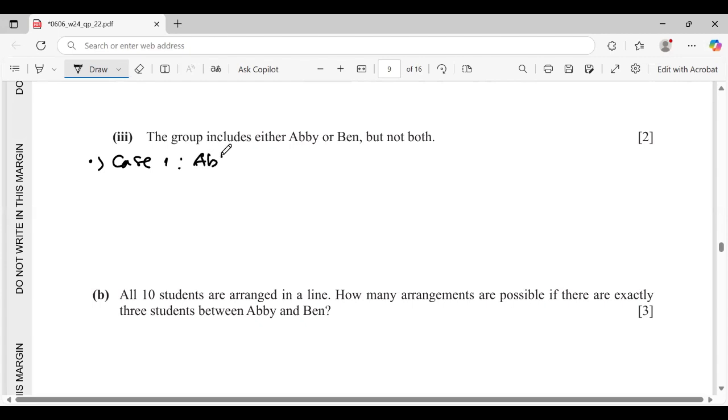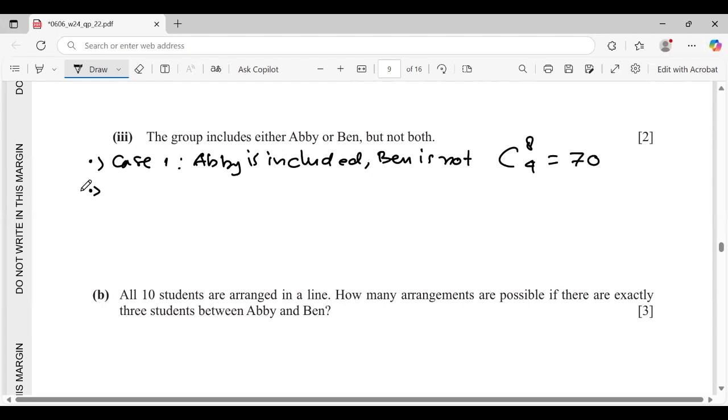So Abby is in the group and we choose 4 more from the other students, excluding Ben. So the combination becomes 8 choose 4, and if you calculate, the result is 70.